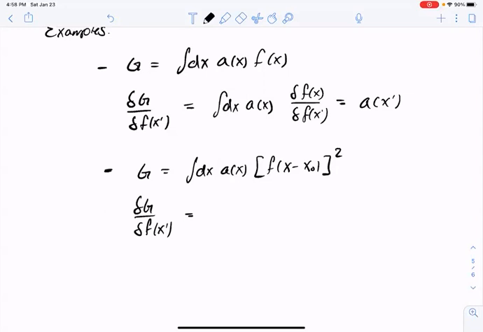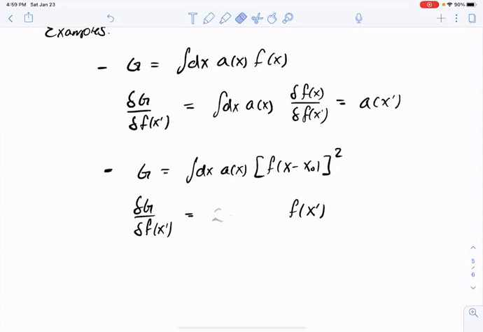As a function of f, I get the same sort of usual chain rule that will give me twice f times x evaluated at x prime.